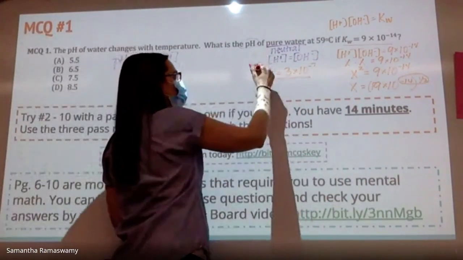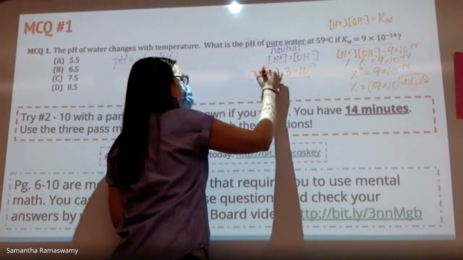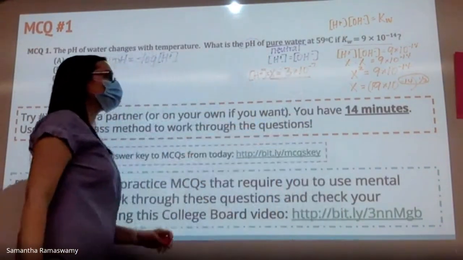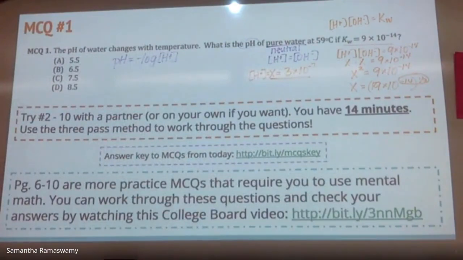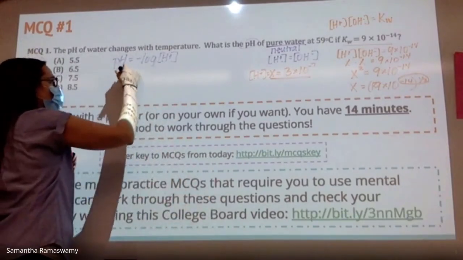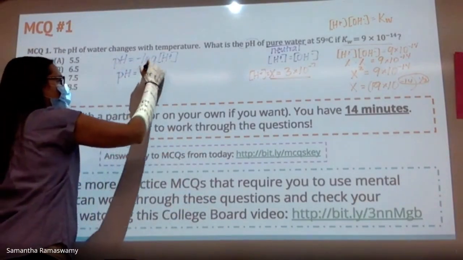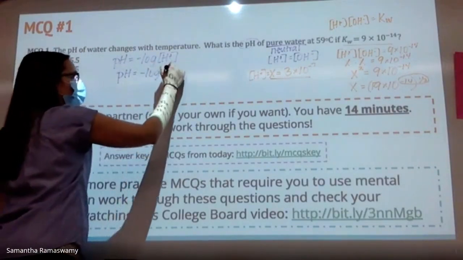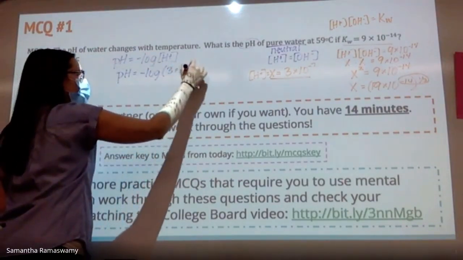And remember, X represents both H plus and OH minus. There's our H plus. So now if I plug this into the pH, negative log of 3 times 10 to the negative 7.